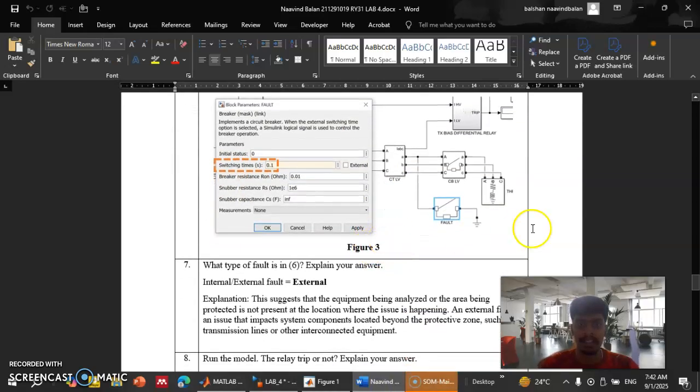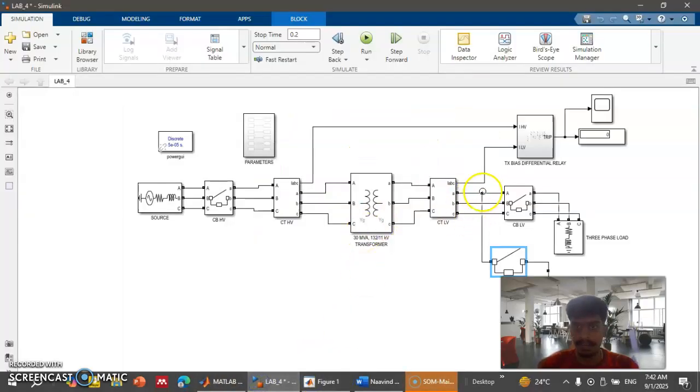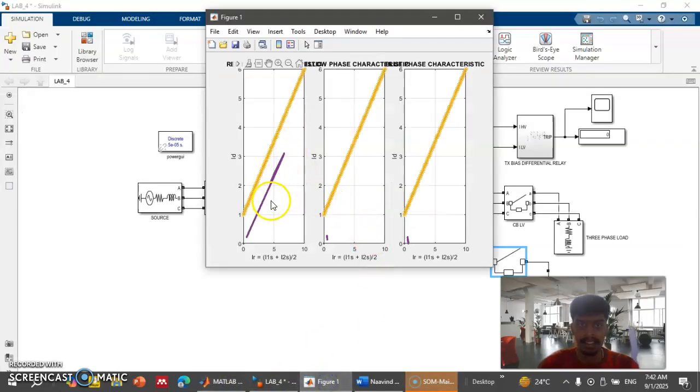Then for this part, for the external fault, I have reconnected over here. It will be as the graph shows.